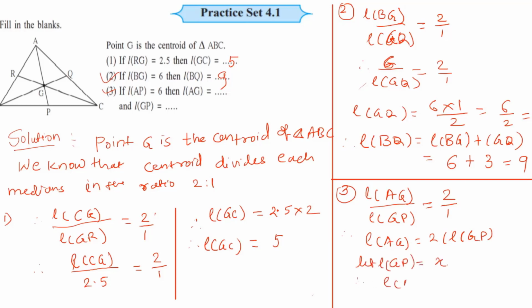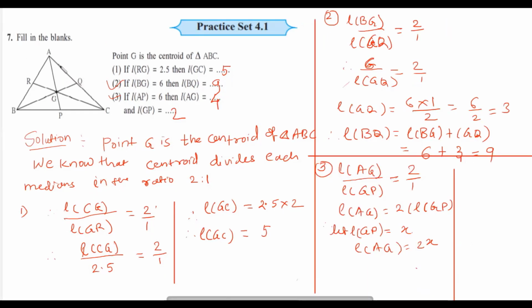Therefore, length AG is equal to 2x. Length AP is equal to length AG plus length GP, so we have AP is equal to 2x plus x. We are given AP is equal to 6.